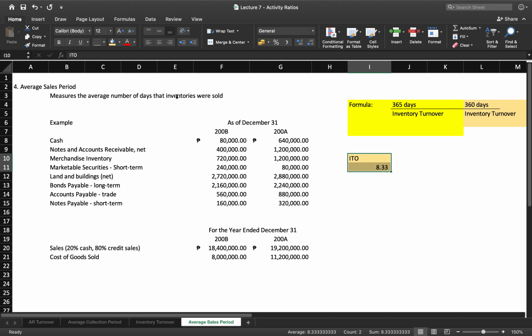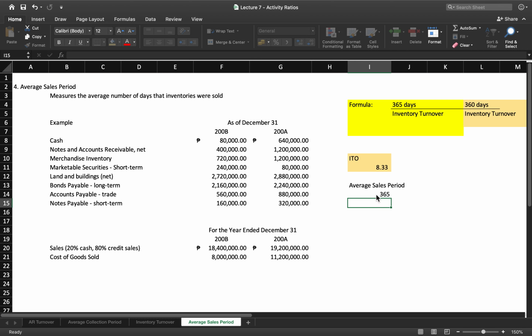Okay? So, solve na natin. So, we will now be using the conservative approach in solving our average sales period. When using the conservative approach, syempre ginagamit natin 365 days and then i-divide lang natin si inventory turnover which is 8.33. Sir, what if naman gusto ko gamitin natin yung non-conservative?